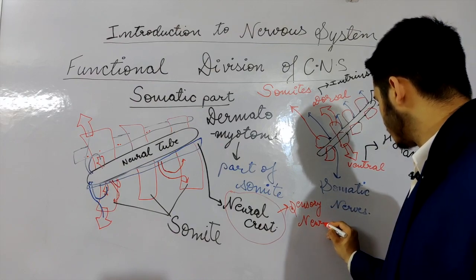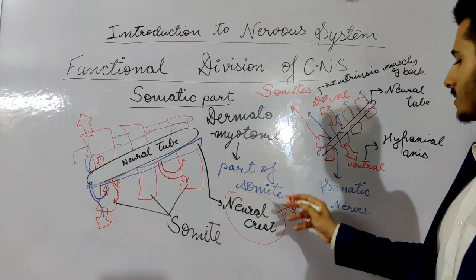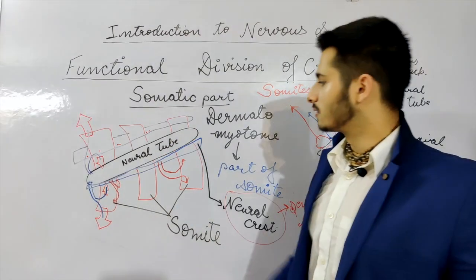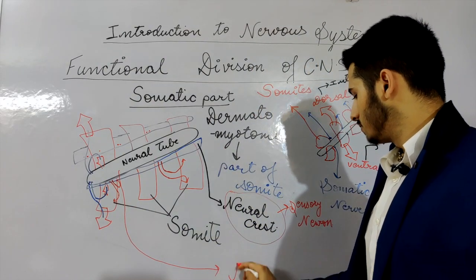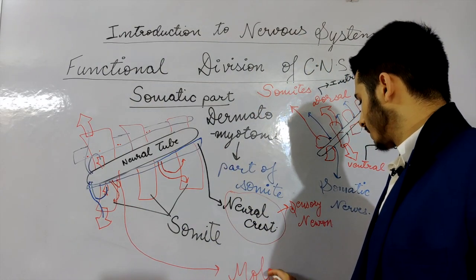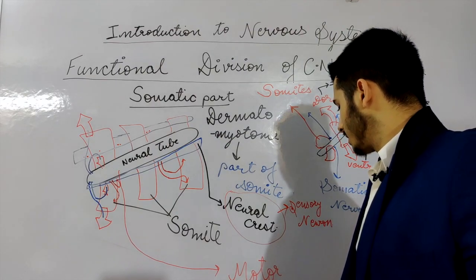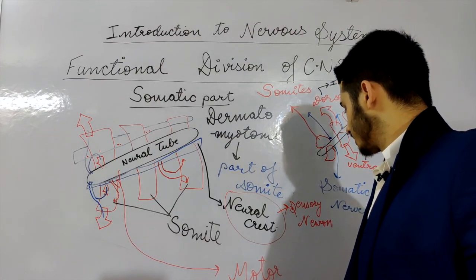Neurons arising from the neural crest are known as sensory neurons, whereas neurons arising from the neural tube are known as motor neurons. So these are motor and sensory neurons.